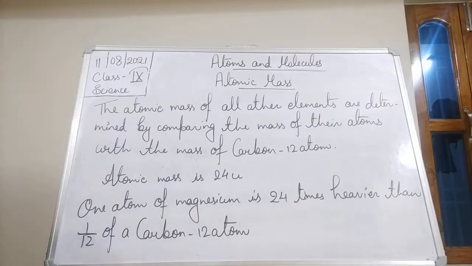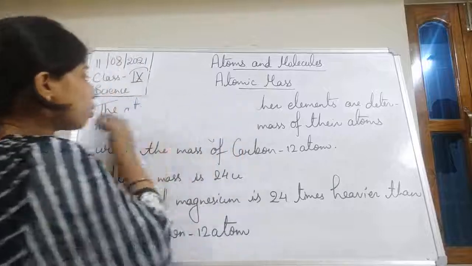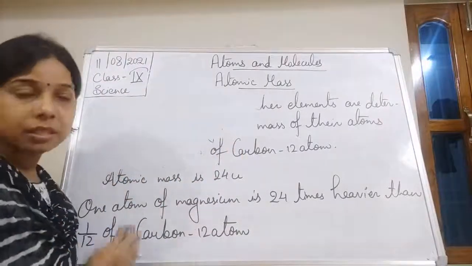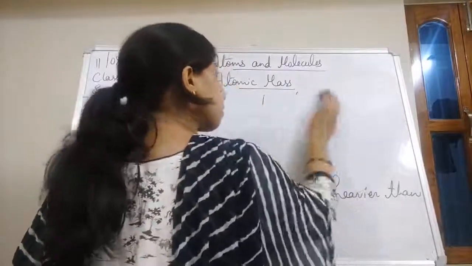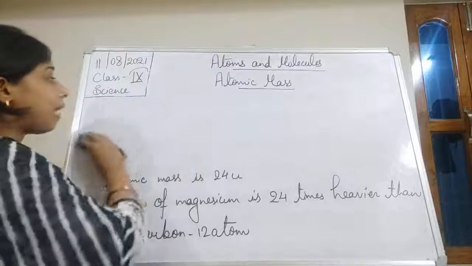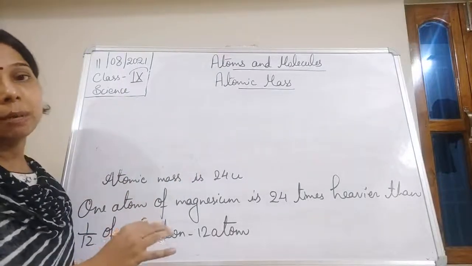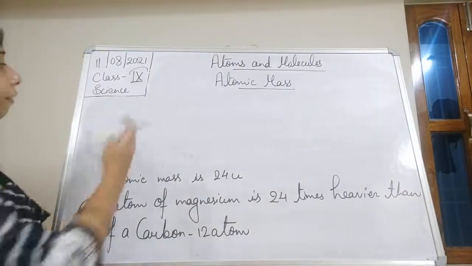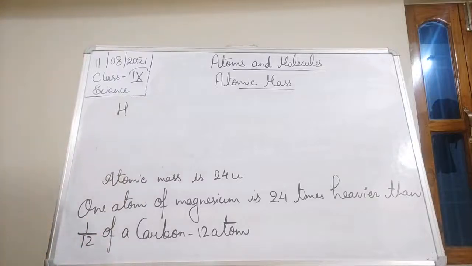Let me write here a few atomic masses of a few elements, students. It is really important to learn the atomic mass as well as the atomic number up to 20. It is quite important because in order to find the molecular mass or the formula to know the valency, you must know up to 20 atomic masses. So suppose, students, if we talk about hydrogen, hydrogen's atomic mass is 1 u.